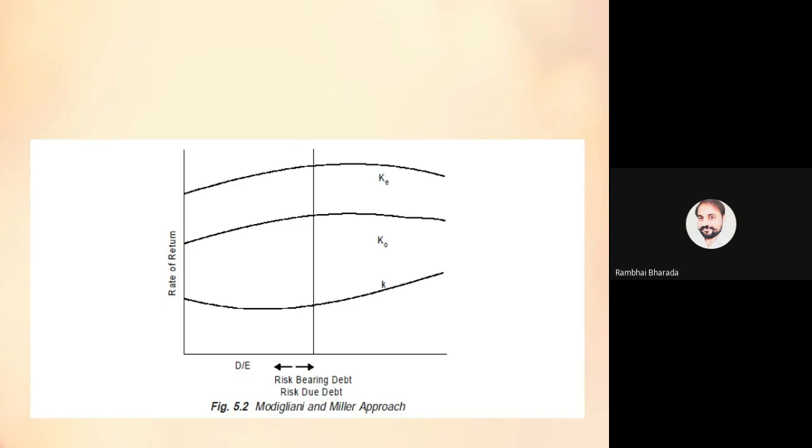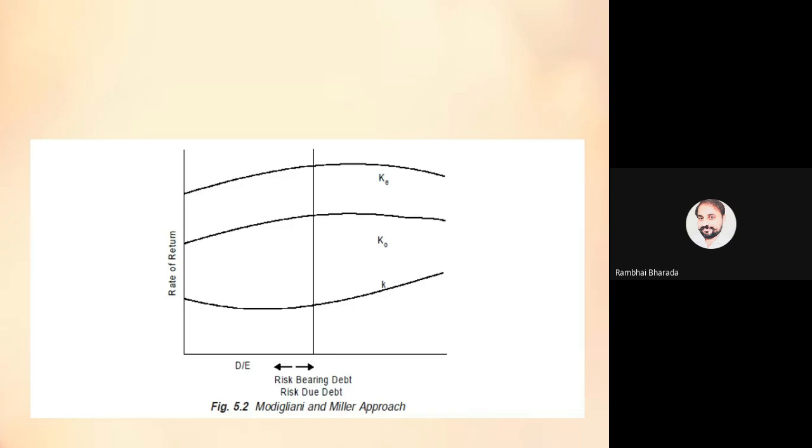After that, if it continues to increase the debt capital, it will also increase the cost of debt, but it will reduce the cost of equity and cost of overall capital. This process remains the same up to this point where the cost of equity, overall cost of capital and cost of debt become equal. Are you getting my point?